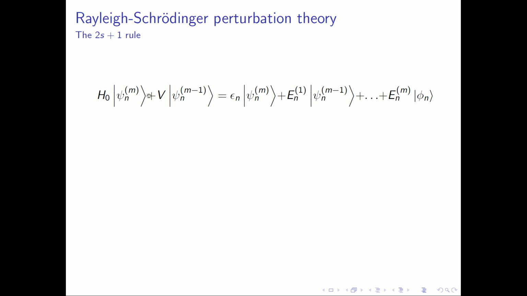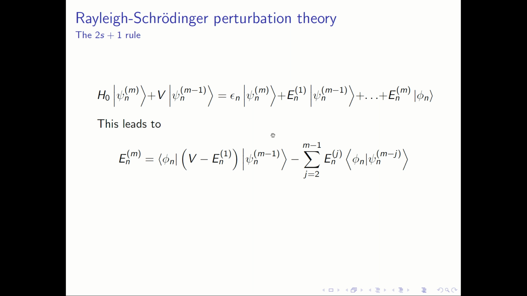If you do that, this term, bra phi n H0 psi n m, bra phi n H0 is exactly epsilon n bra phi n, and so this term and this term exactly cancel out, and Enm just turns out to be bra phi n V psi n m minus 1, minus the En1 term, which I've just moved to the other side, and all these other terms beyond this first order term En1 and before Enm, so Enj, where j runs all the way from 2 to m minus 1, Enj bra phi n psi n m minus j.